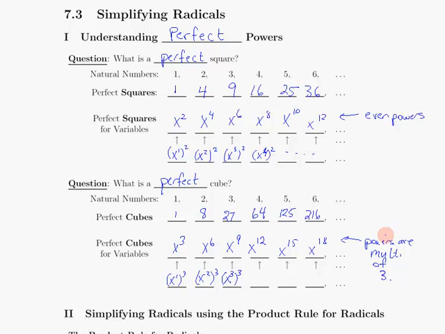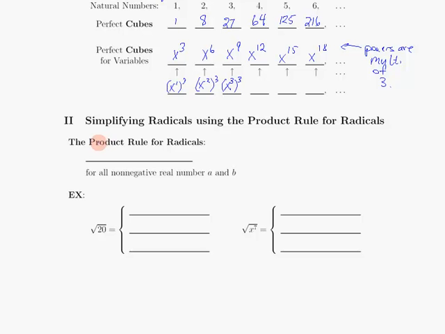So let's talk about how we simplify radicals using the product rule for radicals together with this concept of the perfect power. The product rule for radicals says that the square root of a times b, whenever we have non-negative real numbers a and b, that's a is 0 or larger, b is 0 or larger, and they're both real, that we can get the same thing as the square root of a times the square root of b.